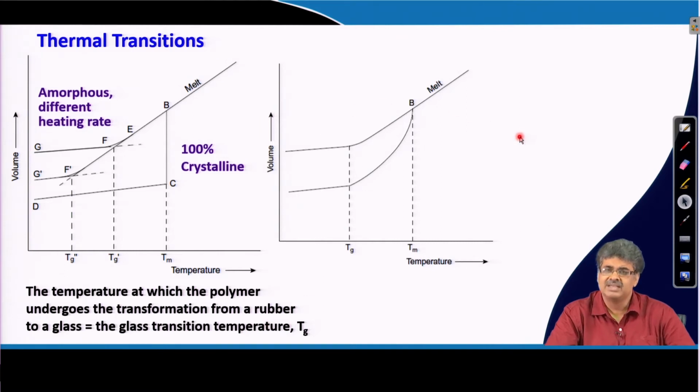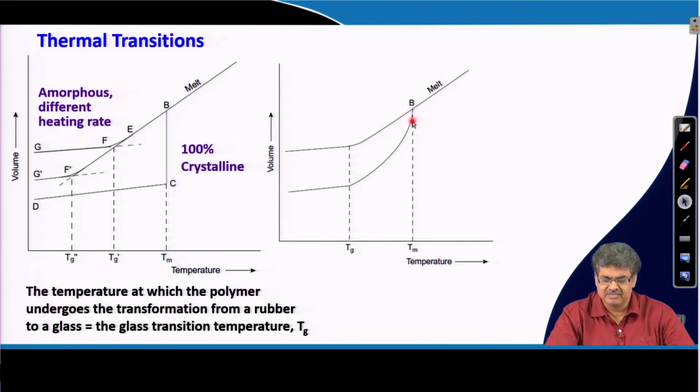Now, in case of a semi-crystalline material, which has both an amorphous phase and a crystalline phase, if we decrease the temperature, then part of the polymers will crystallize, and because there are amorphous regions which are not crystallized, this change will not be as sharp as for a 100% crystalline small molecule.